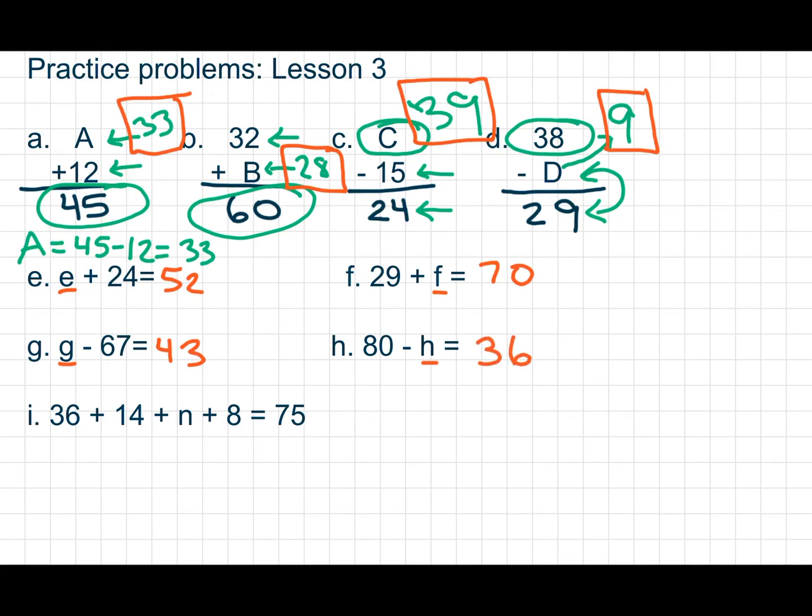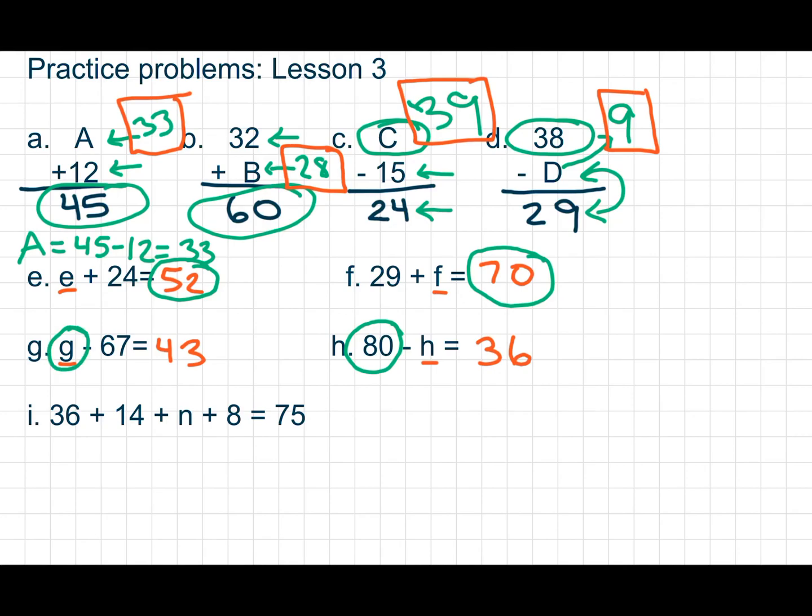Okay? And again, I am going to circle in green the biggest number in our fact families. So that would be 52, 70, 80, and G. Okay?